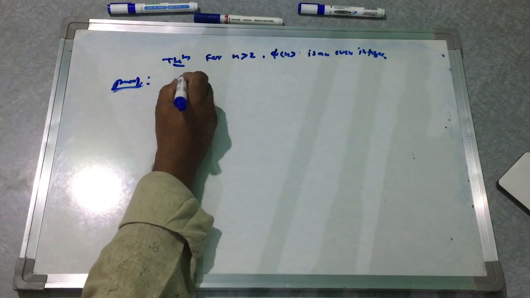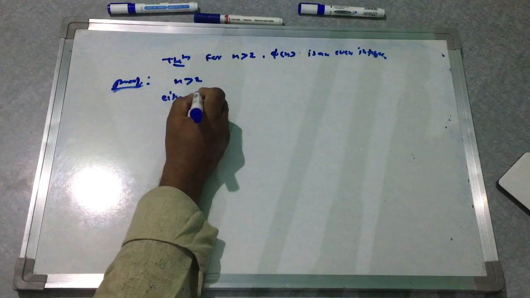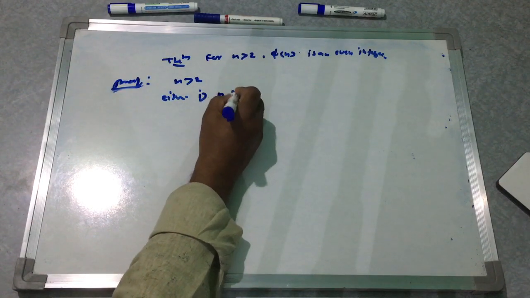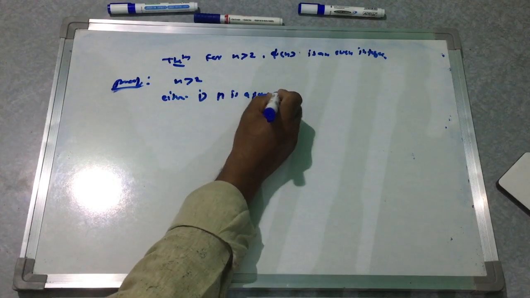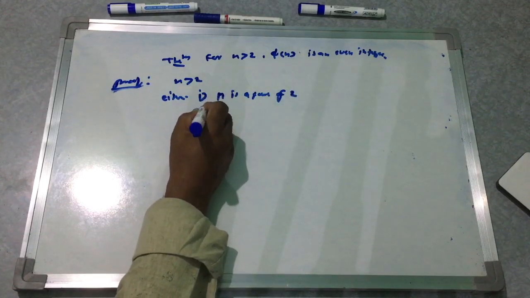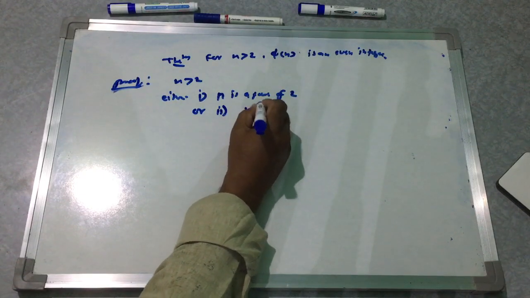If we take n greater than 2, then either 1, n is a power of 2, or number 2, n is not a power of 2.